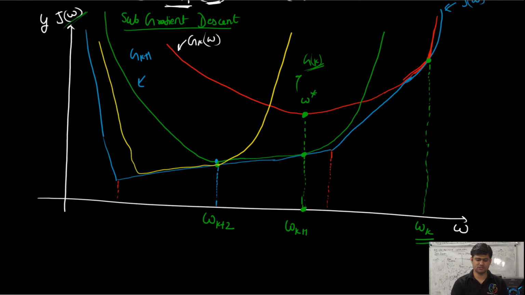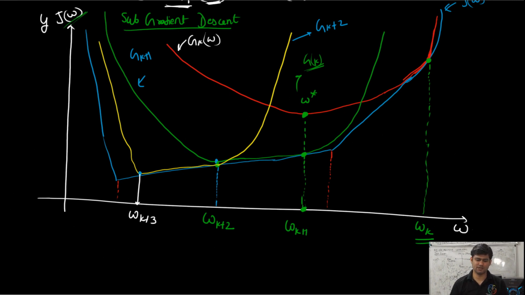So this is our new function gk plus 2, and we can see that the minimum happens to be at this point. So this will become our new estimate for the parameters w as wk plus 3, and we'll repeat the process again.